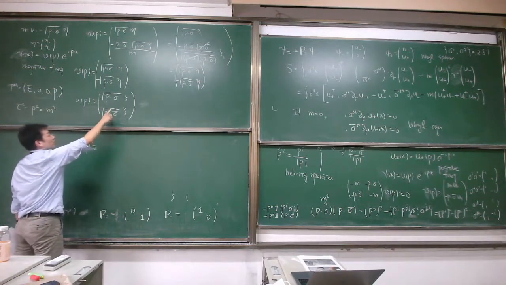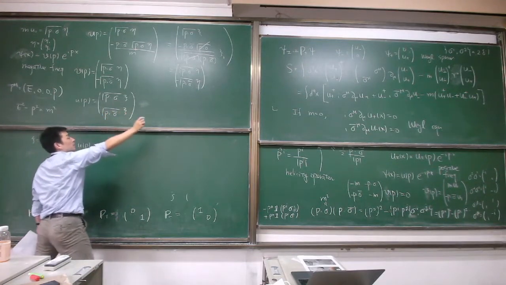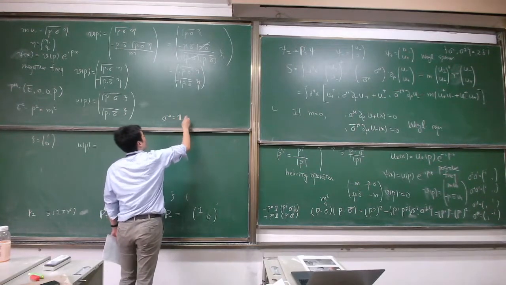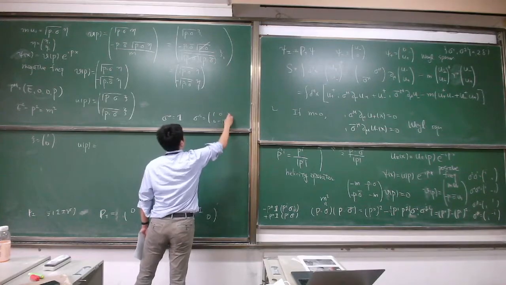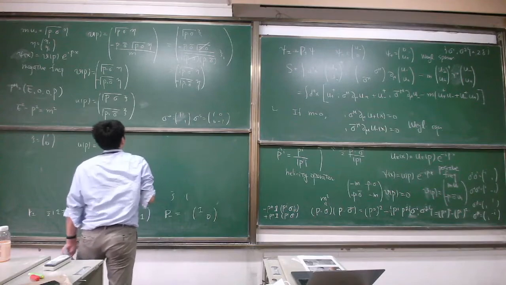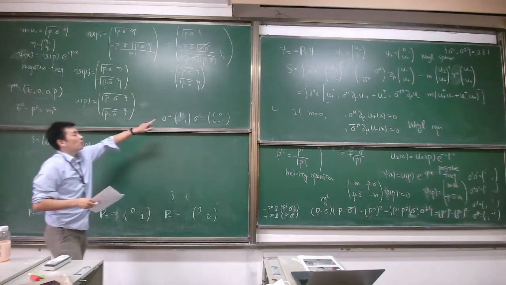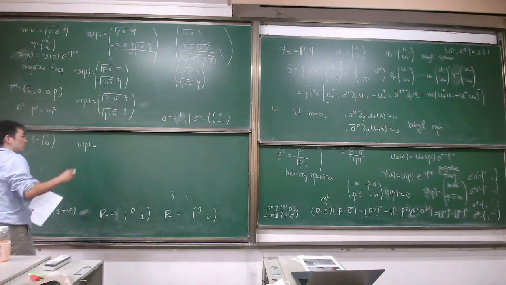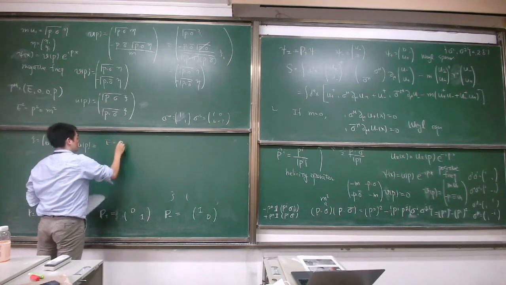So essentially we only look at sigma 0 and sigma 3. Sigma 0 is just 1, and sigma 3 is 1, minus 1. And if it is spin up, we only see the upper one. Be careful about the sign of g mu nu. It becomes E minus p3.